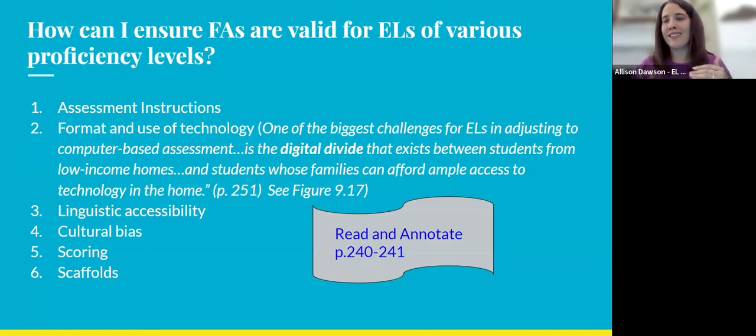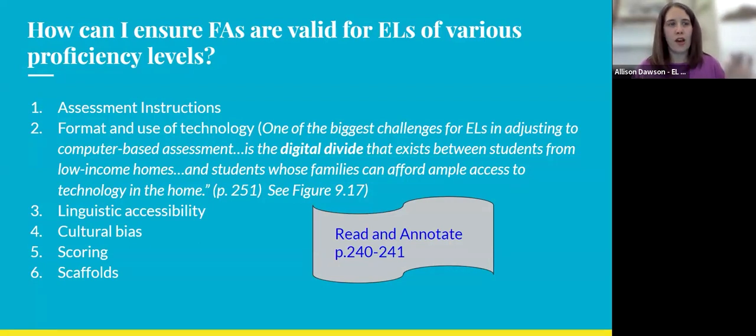So they outlined 6 things that I think all teachers, EL teachers, classroom teachers, content teachers should think about with whatever assessments they're giving. If you've got English learners, these are some things we need to keep in mind to make sure that the assessments or the formative tasks you're doing as part of your instruction are valid and reliable.